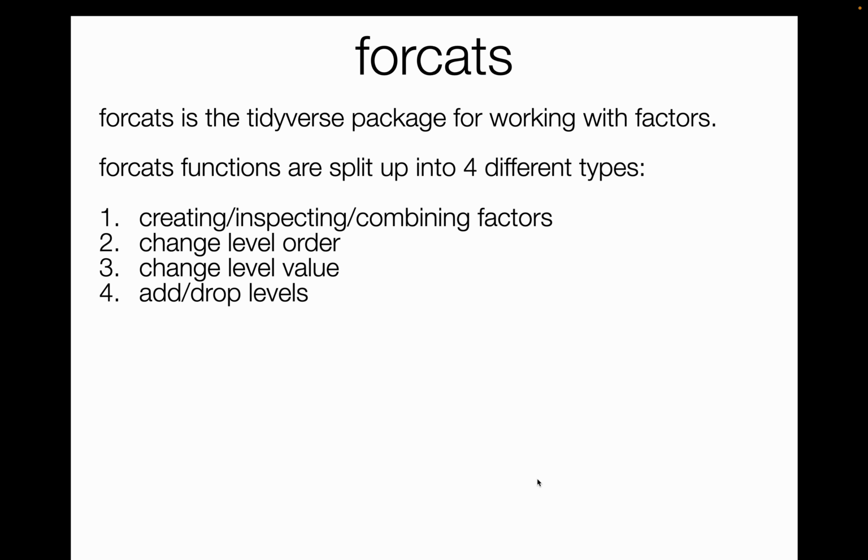You do 4 things with forcats. If you have to put them in bins, there are 4 bins that forcats does stuff with: creating, inspecting, or combining factors, changing level orders, changing level values, and adding or dropping levels. All of these things you may want to do with your factors.